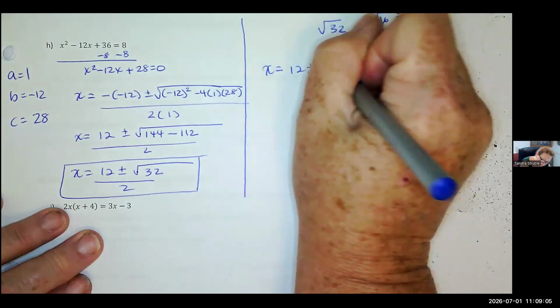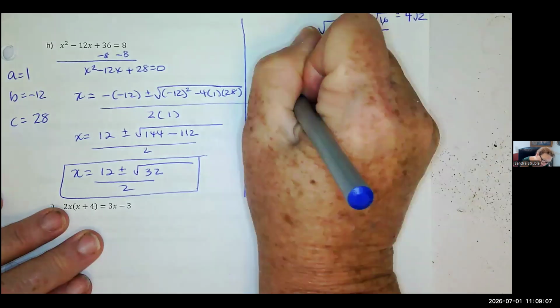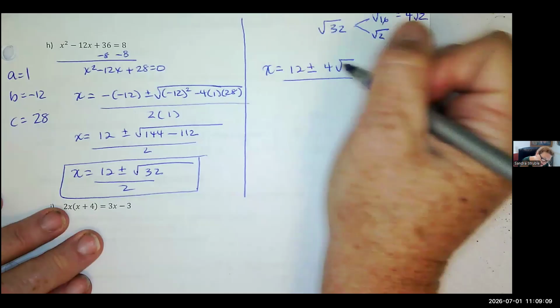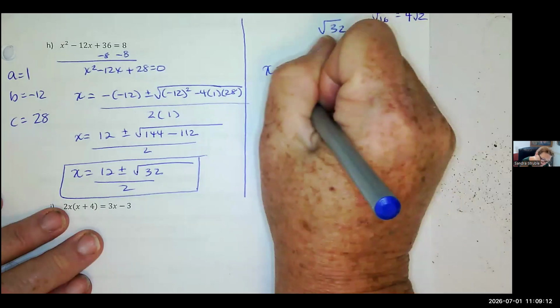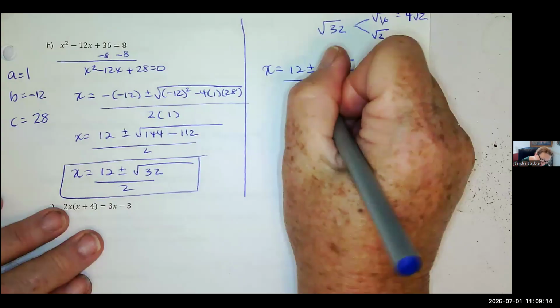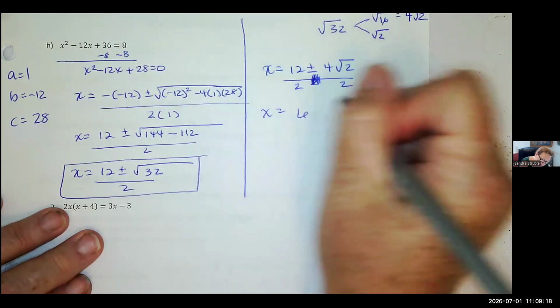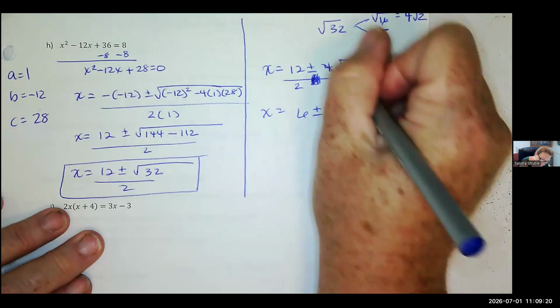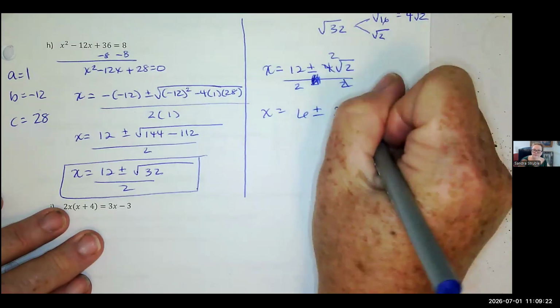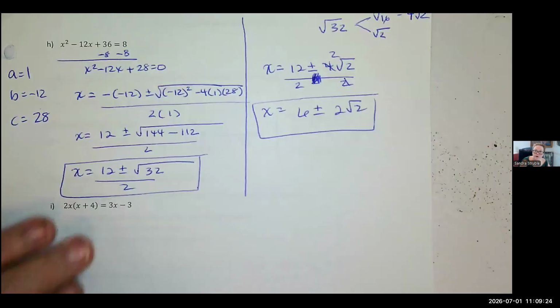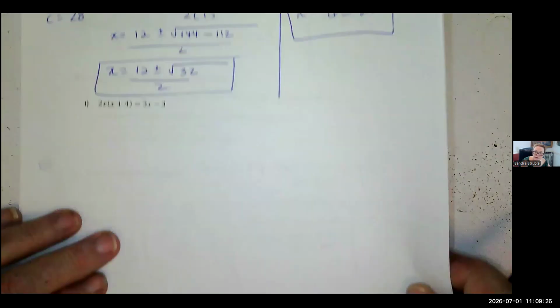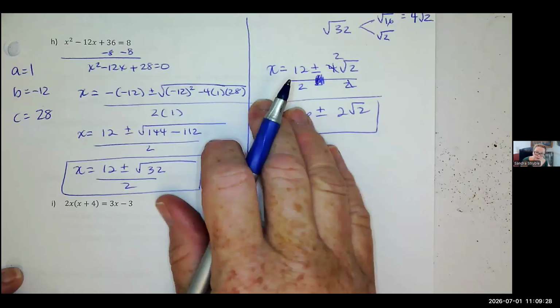All of this is over, I should do them individually, over 2 for each of them. Let's just get rid of this space here. All right, x equals 12 over 2 is 6, plus or minus, this reduces to 2 square root of 2. Again, those of you moving on to problem solving stats do not need to know this. You need to make sure you know that.